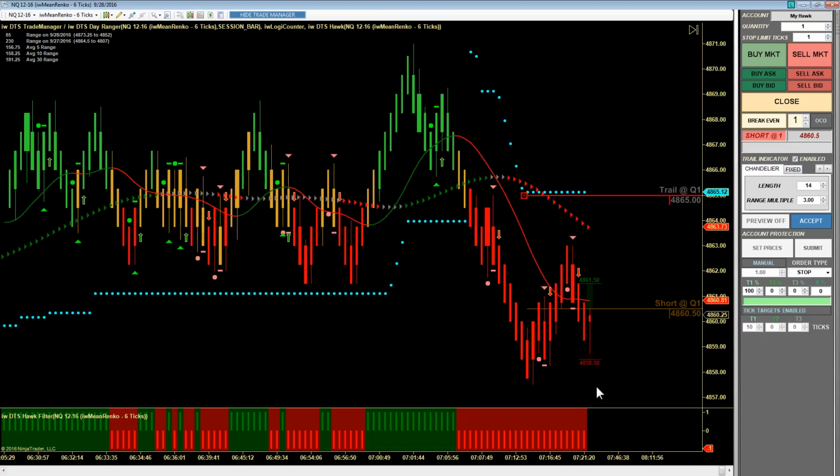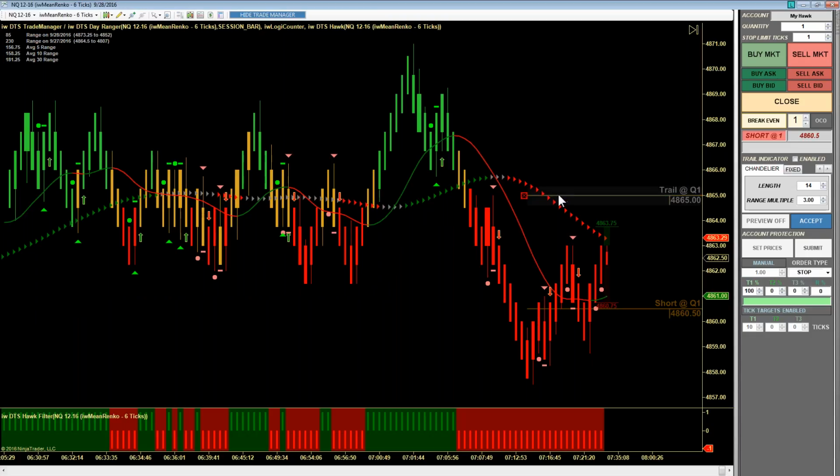Come on, NASDAQ, be nice. So the market's still struggling to stay outside of the trading range. I'm just going to roll my stop above this little swing here in the macro line.